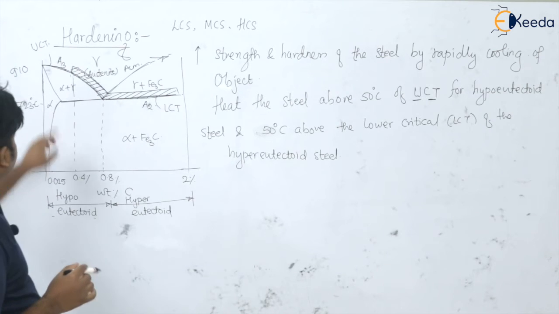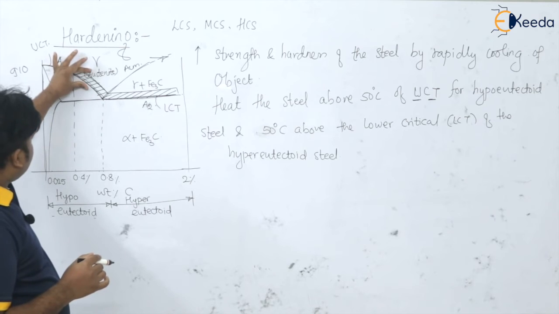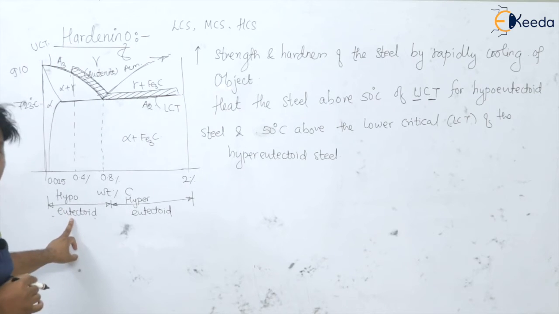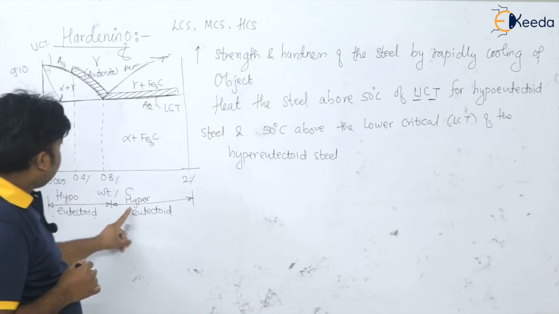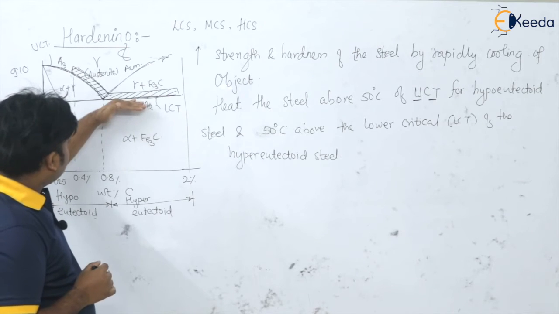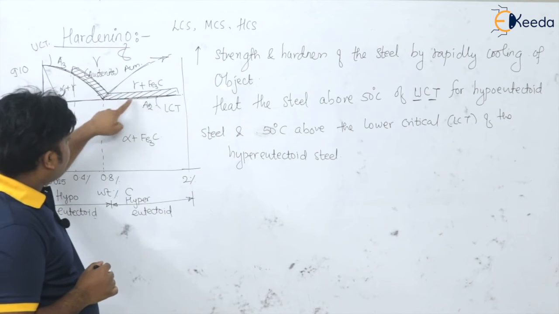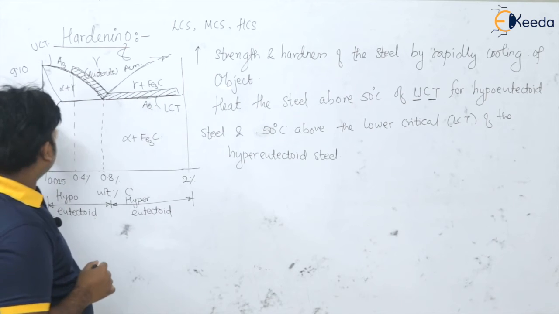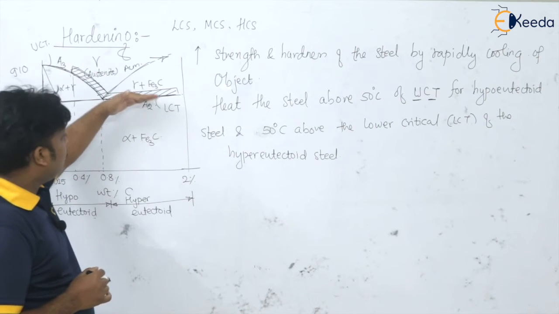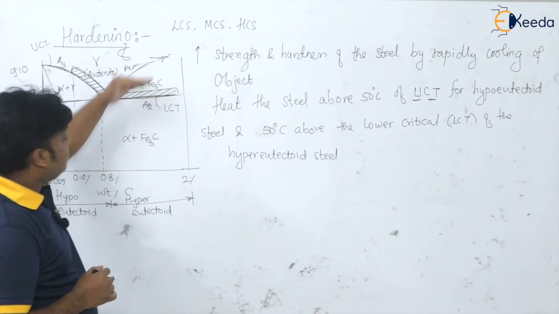We heat 50 degrees centigrade above the upper critical temperature for hypoeutectoid steels, and for hypereutectoid steels, above the A2 line or 723 degrees centigrade, the lower critical temperature, by 50 degrees centigrade.